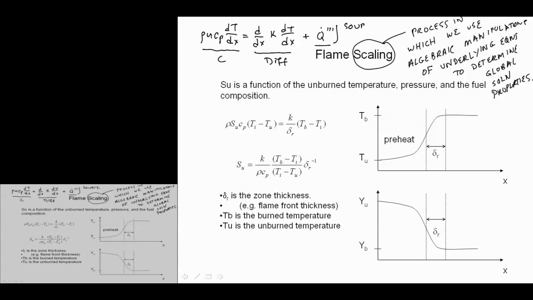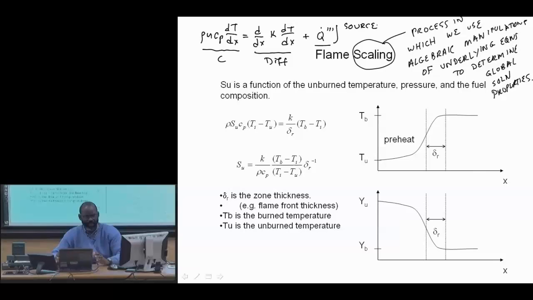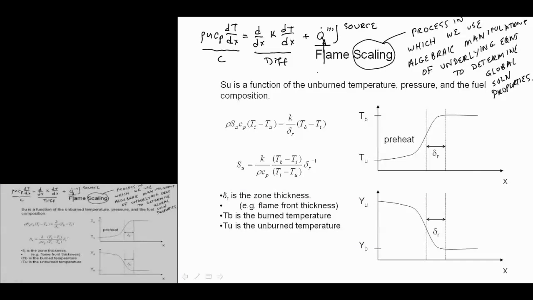Now, we want to identify either the laminar flame speed or the flame thickness. And the one thing about scaling is that it requires a little bit of insight and intuition about the physics of the problem. In passing, I said that this term, the source, occupies a very small portion of the extent over which the variations in the flame occur.